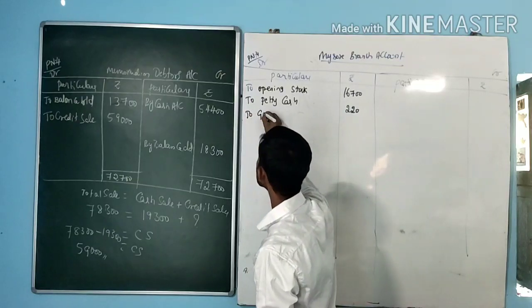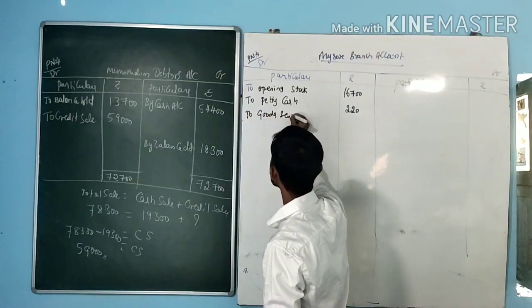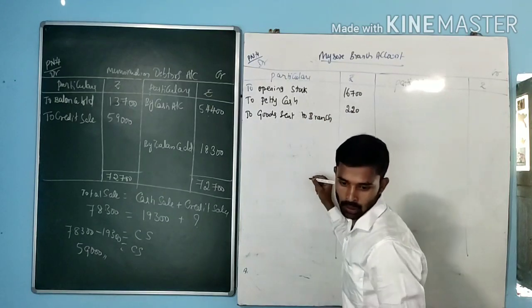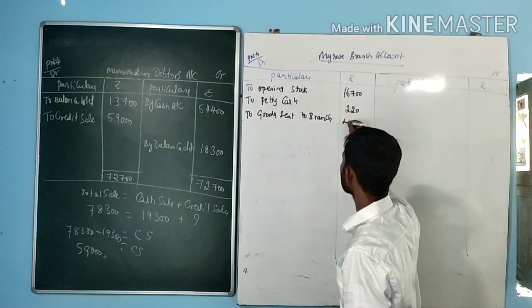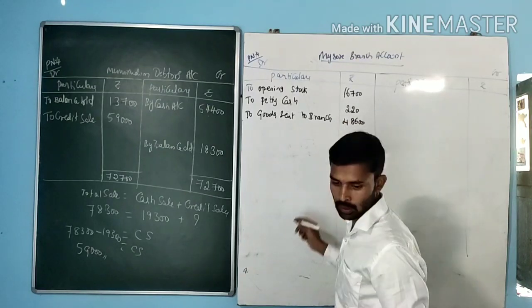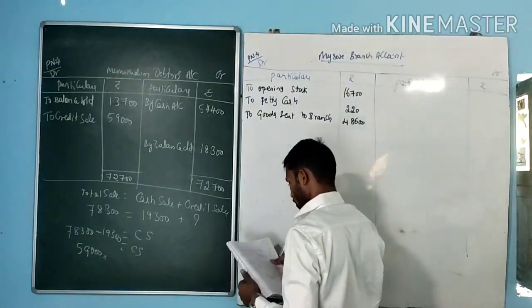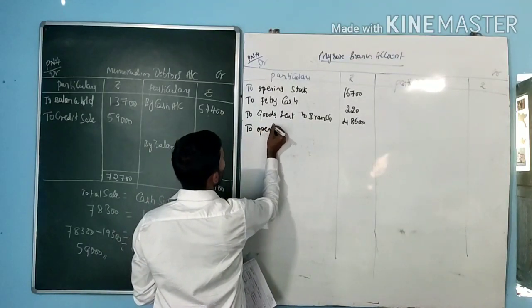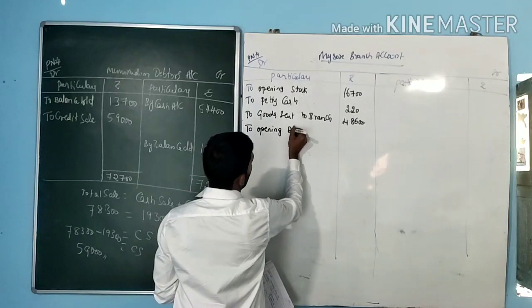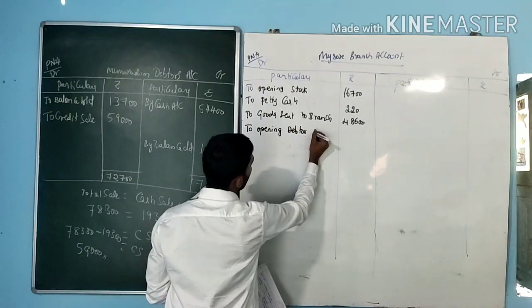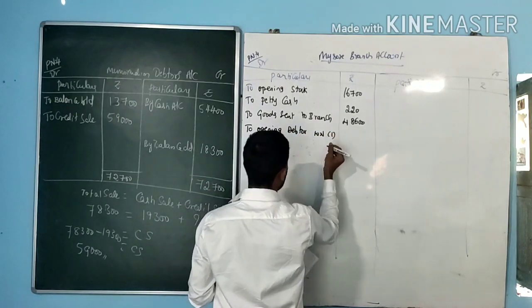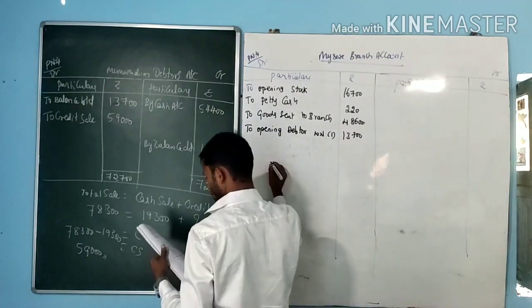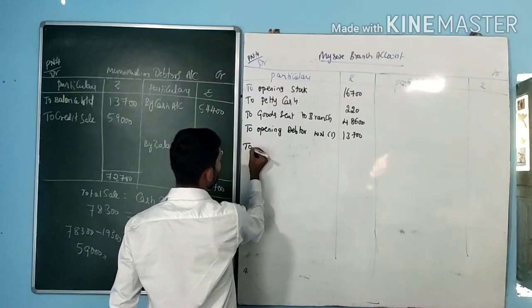To goods sent to branch amount 48,600. Next, to opening debtors, which we have already calculated in working note number 1, amount 13,700.